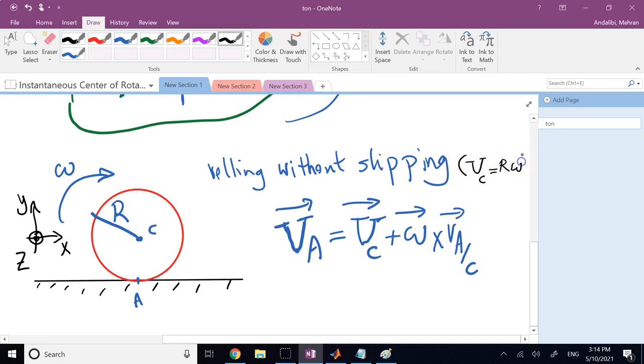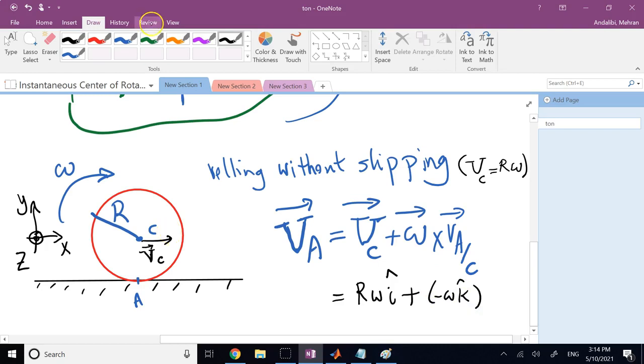That's the condition for rolling without slipping. So this is basically R omega in magnitude. It is moving toward the right, so it is R omega i. And omega clearly has magnitude omega. The direction of it is clockwise, so it is going to be negative omega k.